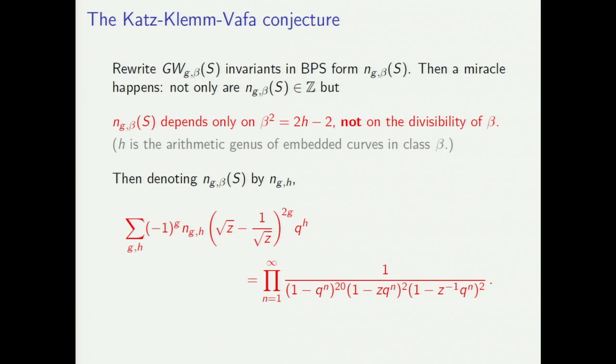So that's where this (1 minus q^n) to the power 24 appears, and you get the discriminant modular form. All right, but really I'm going to concentrate on this. This is the important thing. Once you've got this, it becomes much easier to compute this, because you can work in a primitive class, which had already been worked out. Okay, so this is the key thing. So any questions?